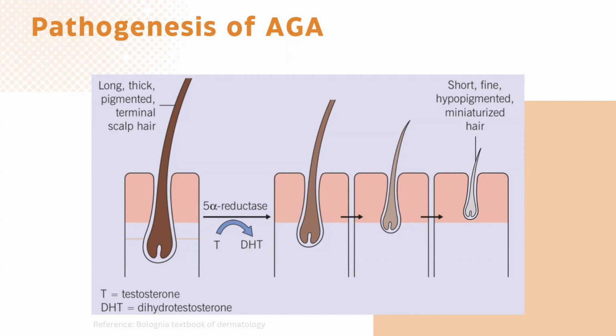So even though the hair is becoming different in pigmentation, being fine, its length will also be shorter. Also, the percentage of telogen phase will increase more than before the patient had male pattern hair loss. Okay, so all these changes give us hair that is thin.